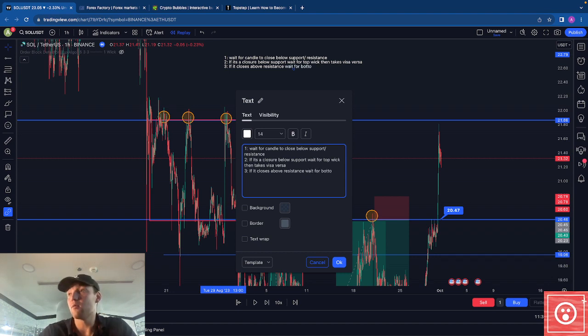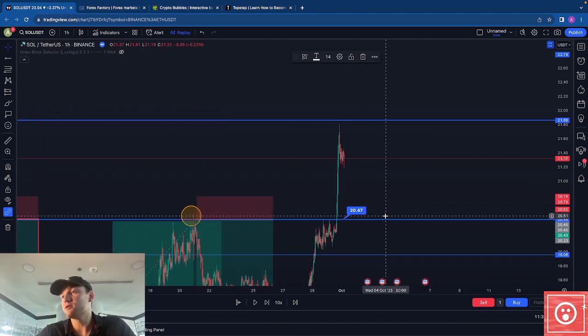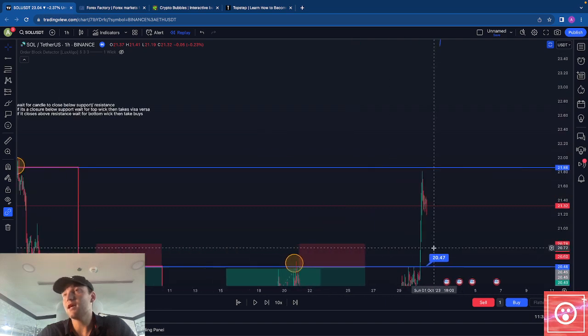You have to wait for a bottom wick, then take buys. So very, very easy, okay? So you wait for a bottom wick first. So you can see how we flipped.